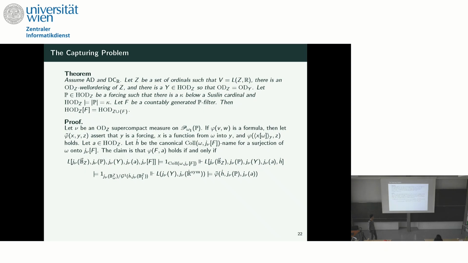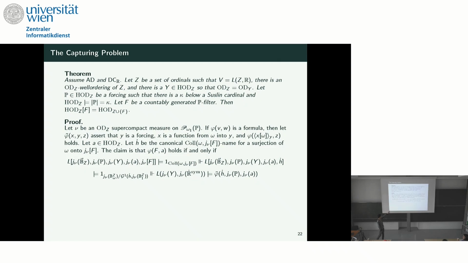Pick any a in HOD sub z. Let h dot denote the canonical collapse of j image f name for the surjection of omega onto j image f. So the claim is that phi of f a holds if and only if L of j image f modeled the collapse of j image f forces that j nu of b omega is still a collection of infinity Borel codes.